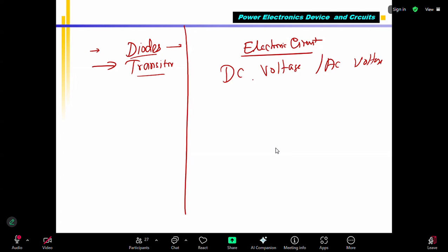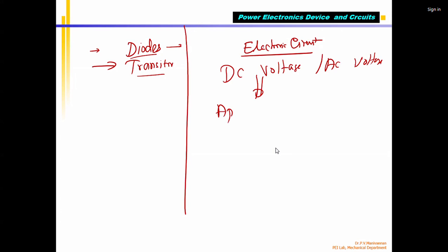If the applied voltage ranges from 0 to, for example, 50 volts, it can be anything: 0 to 5 volts, 0 to 10 volts, or 0 to 12 volts in a battery, or 0 to 24 volts battery, or any voltage up to 50 or 60 volts.